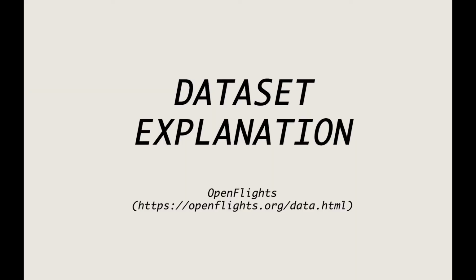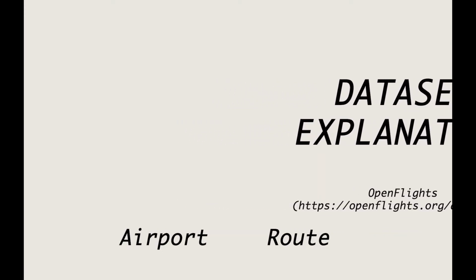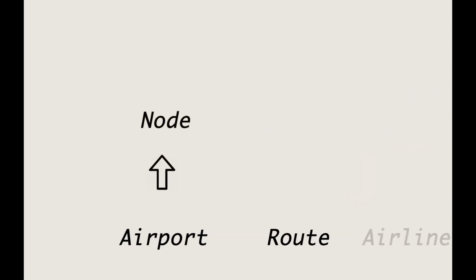For this project, we're using the OpenFlights Dataset, and we mainly focused on two subsets provided, the airport dataset and the route dataset. The airport dataset provides information regarding each airport, which will be the node of our graph. Although there is a specific dataset called airlines, this airline subset does not tell us the source and the destination of each airline.